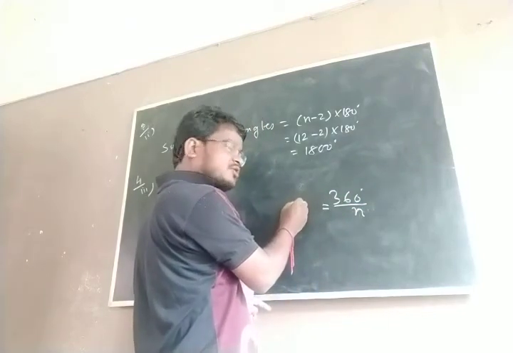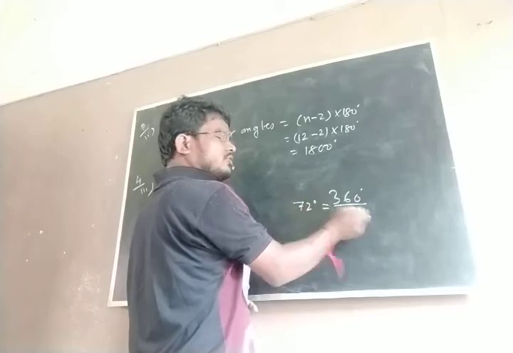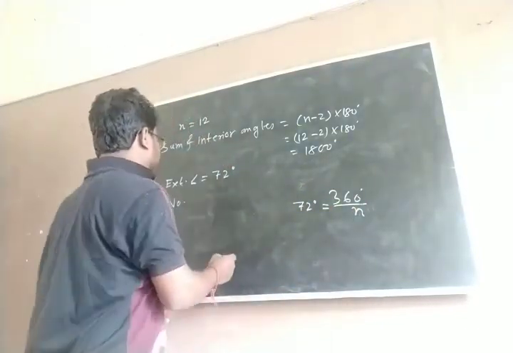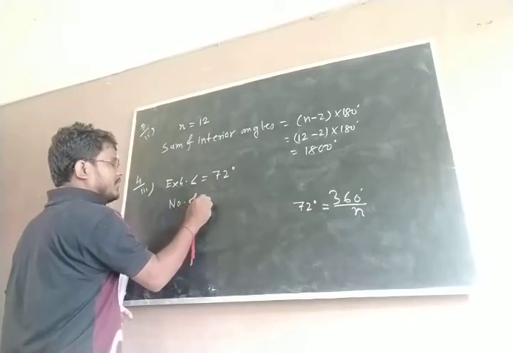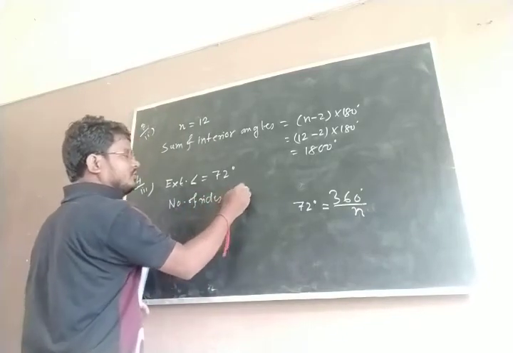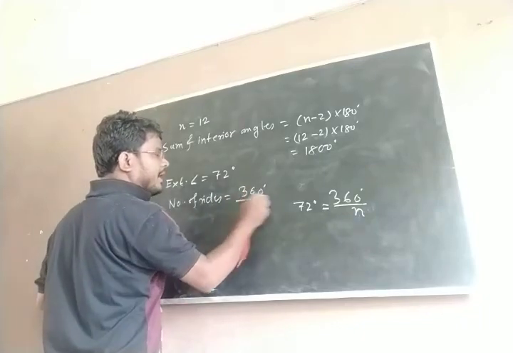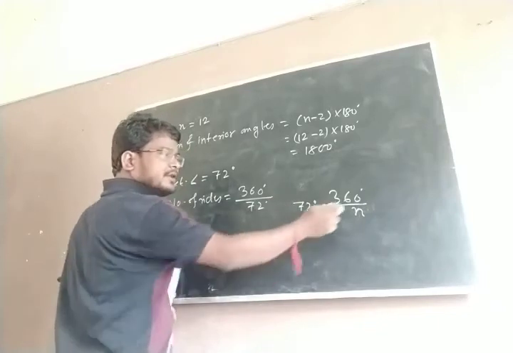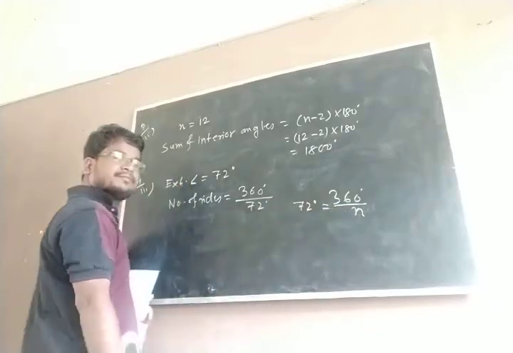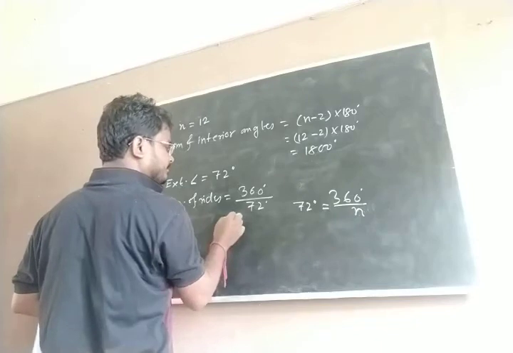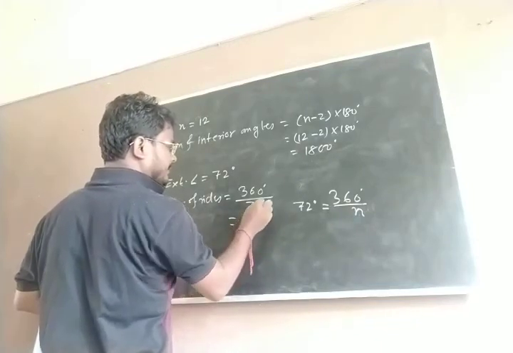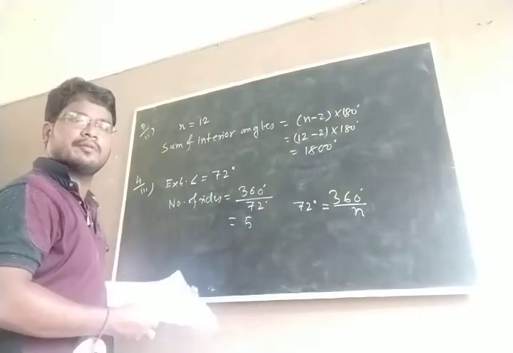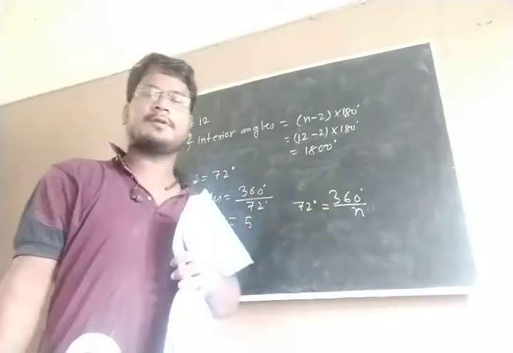This is each exterior angle and it is 72. So from this you have to find the value of n. I can do number of sides equals 360 degrees by each exterior angle. Just replace this. It will come here and it will go there. Then 5. Number of sides equals 5. Okay.